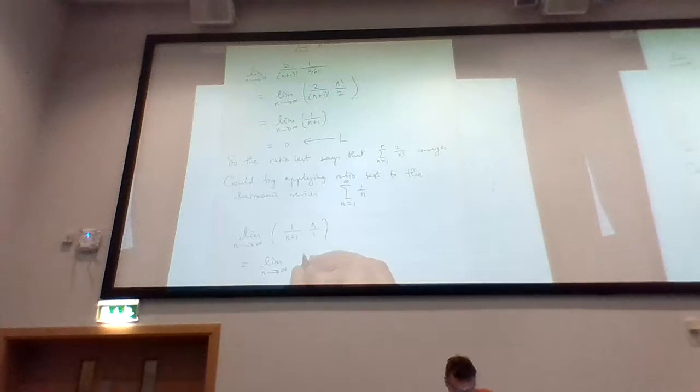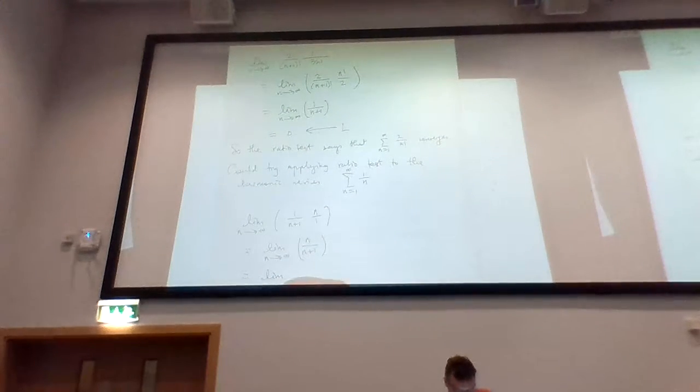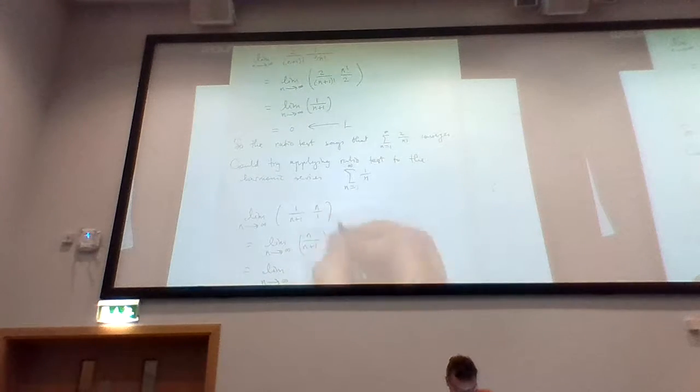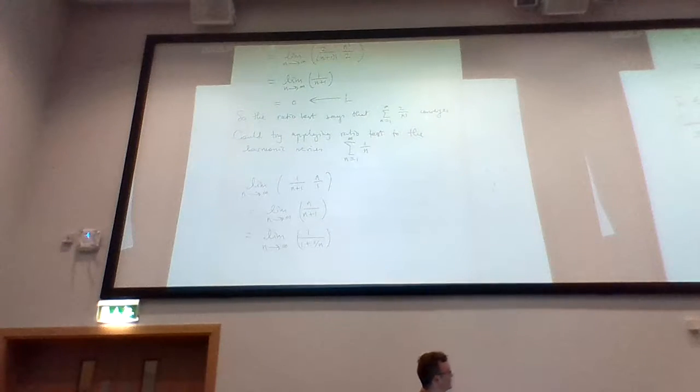So that's the limit of n over n plus 1. That is a convergent sequence. You do your trick of dividing above and below by the highest power of n. It's 1 over 1 plus 1 over n. We can apply our algebra of limits results about sequences to this, and this has the limit 1.